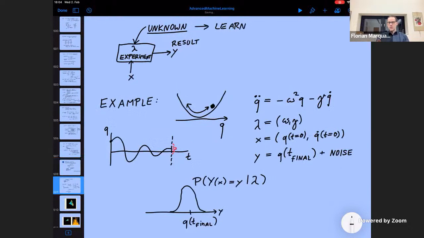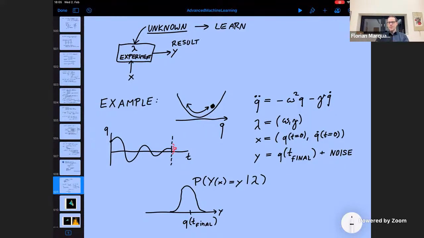We also gave a little example from physics. If we had some oscillator with an unknown frequency and unknown damping constant, then the unknown model parameters are clear, frequency and damping. The experiment I might conduct would, for example, consist in setting some initial values for the location of the particle and the velocity. So that would be x. These would be the measurement settings, so to speak.